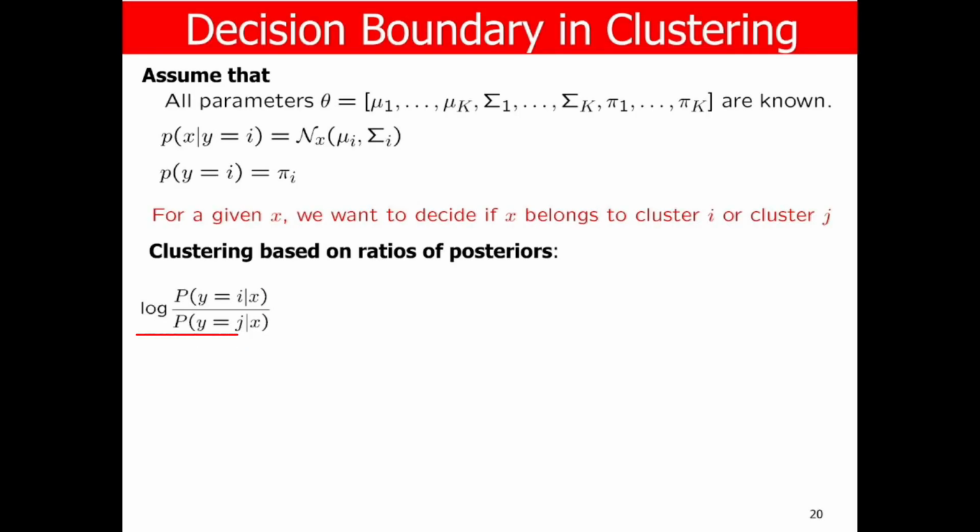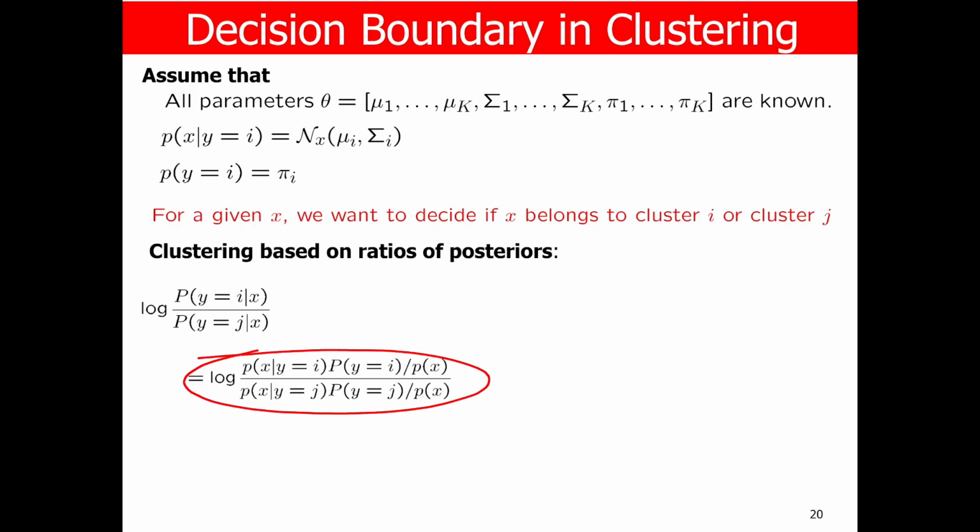If the ratio is bigger than 1, that is, the log of this ratio is positive, it means that point x belongs to cluster i, otherwise point x would belong to cluster j when we can only decide between these two clusters.